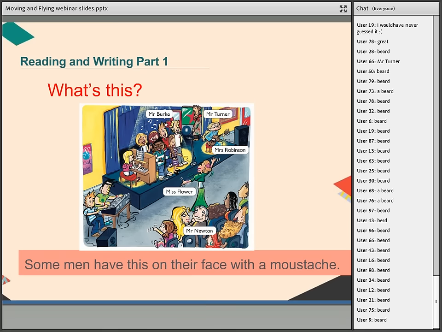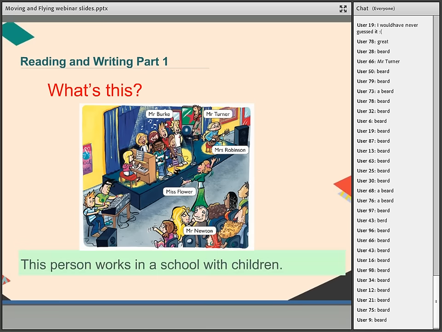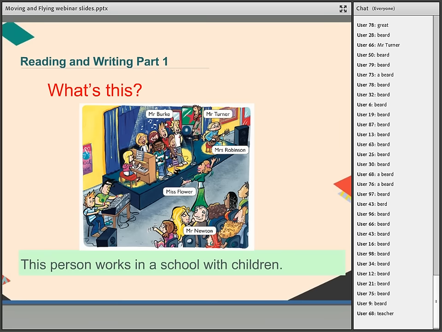What about this next sentence? This person works in a school with children. That's right, we're talking about a teacher, talking about us. Okay.